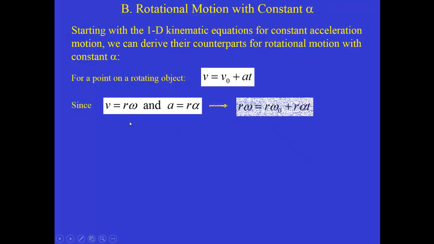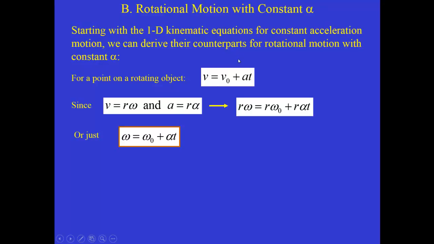So here's what happens. v becomes r times omega, v0 becomes r times omega 0, and a becomes r times alpha. And look what happens to that. That factor of r is the same all throughout, so if we divide both sides of the equation by r, we get omega equals omega 0 plus alpha t. And that looks almost identical to the original expression for velocity.